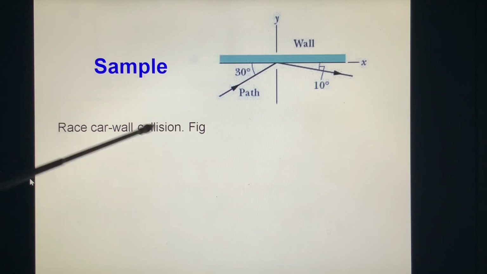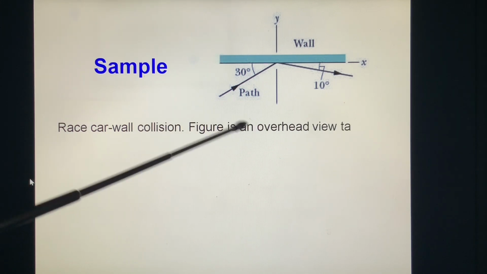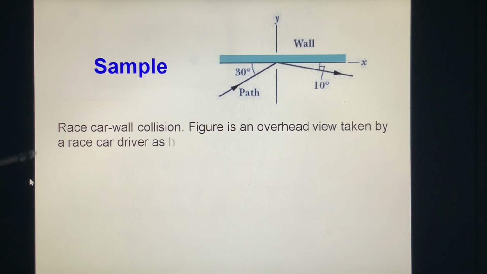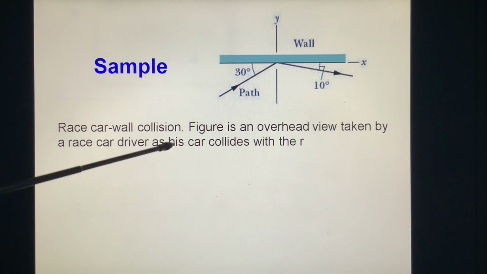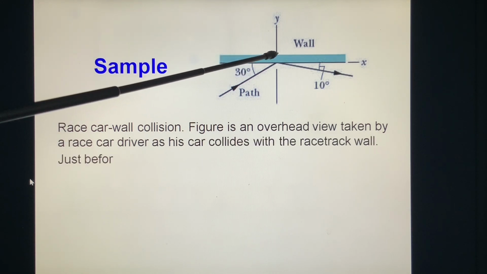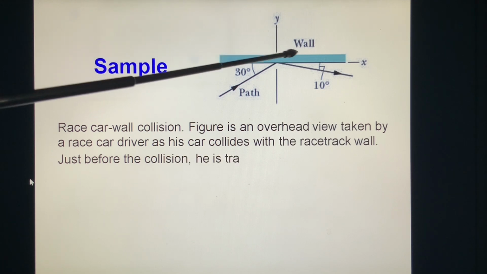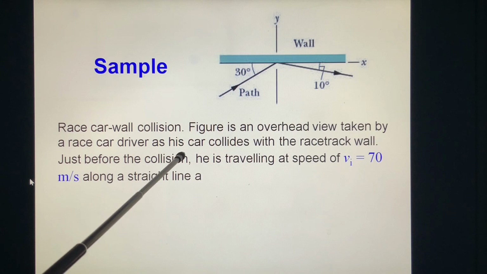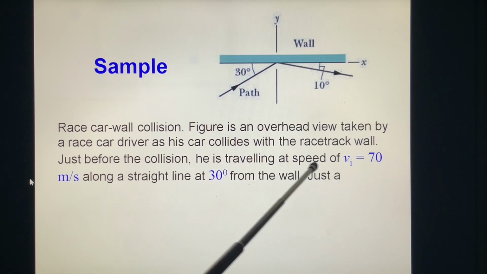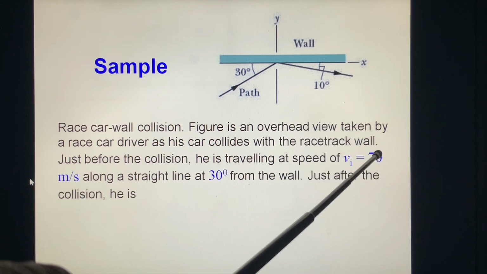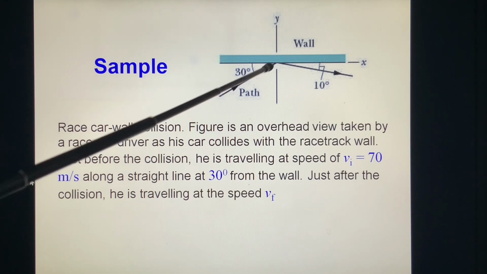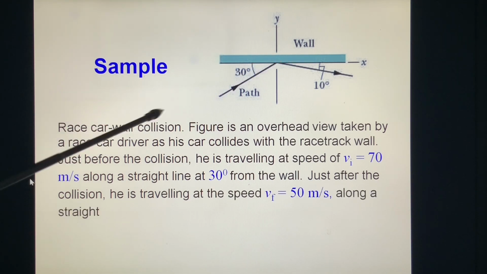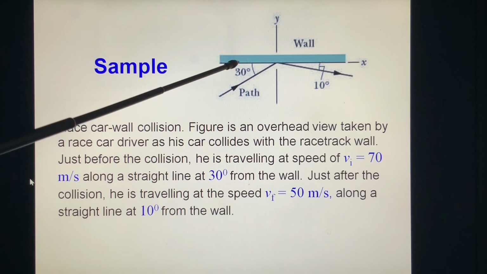Sample. Race car wall collision. The figure is an overhead view taken by a race car driver as his car collides with the racetrack wall. Just before the collision, he is traveling at speed v_i equals 70 meters per second along a straight line at 30 degrees from the wall.